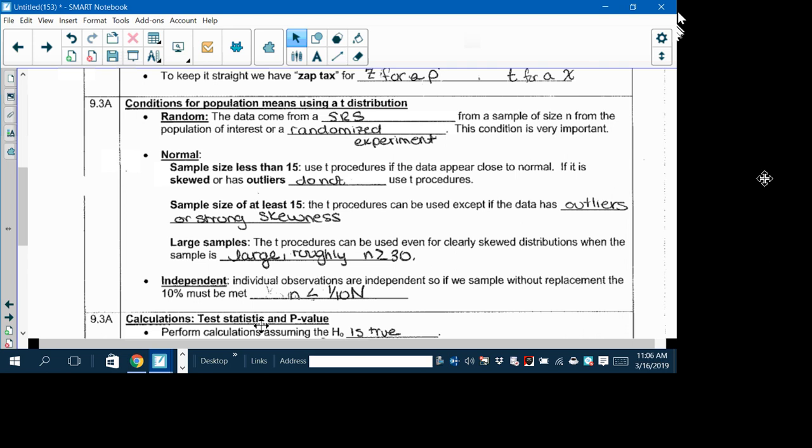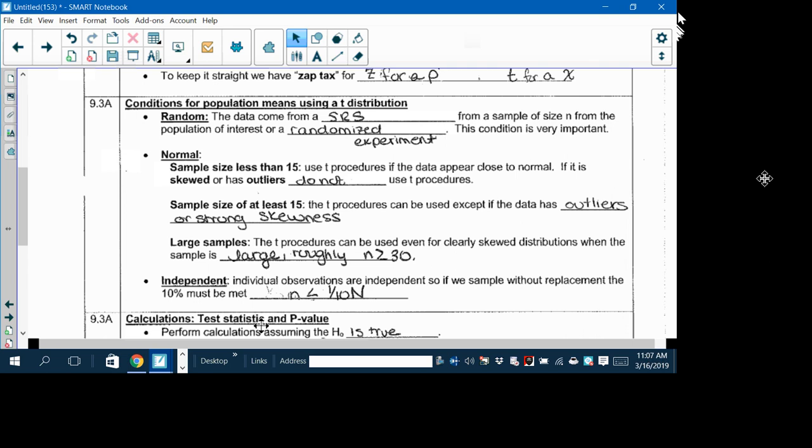So the first thing that we have to do is always check our conditions, okay? You always want to pay close attention to your sample size, because normally when we're talking about normality, we want a sample size that's greater than or equal to 30, which is the central limit theorem.